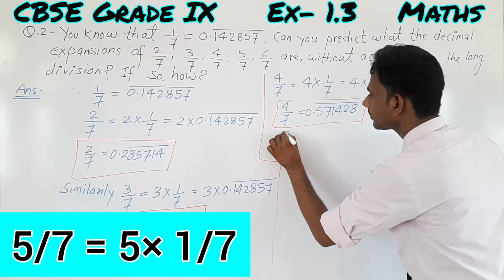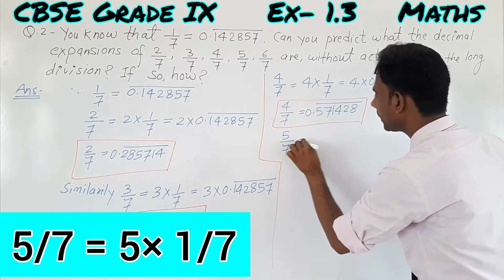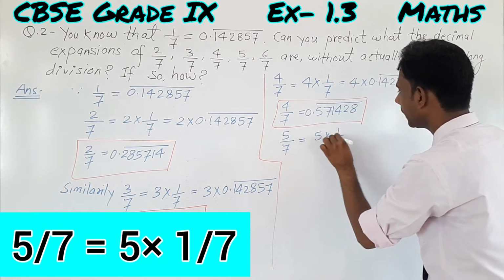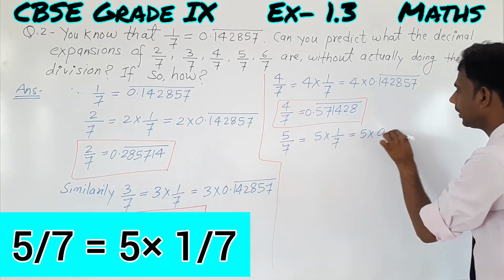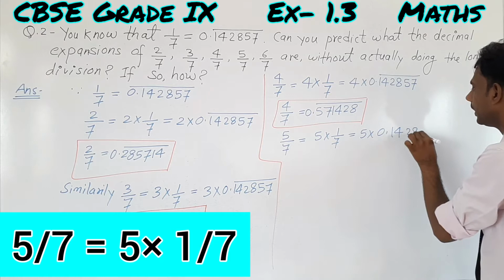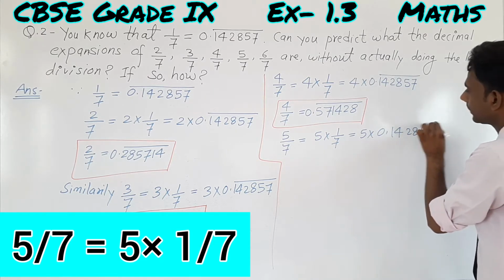5 upon 7. 5 upon 7 equals 5 multiplied by 1 upon 7. This will be equal to 5 into 0.142857 bar.